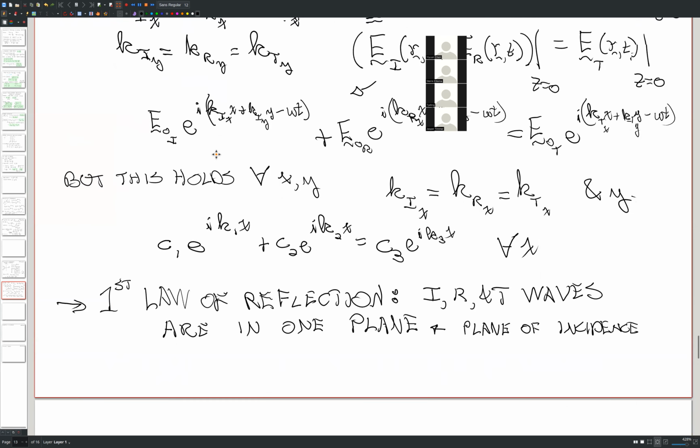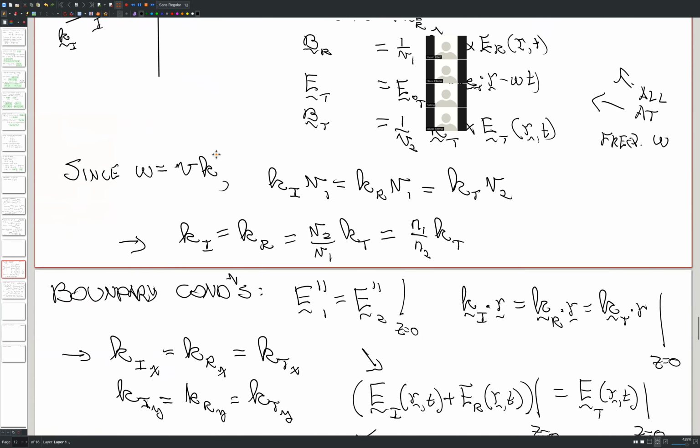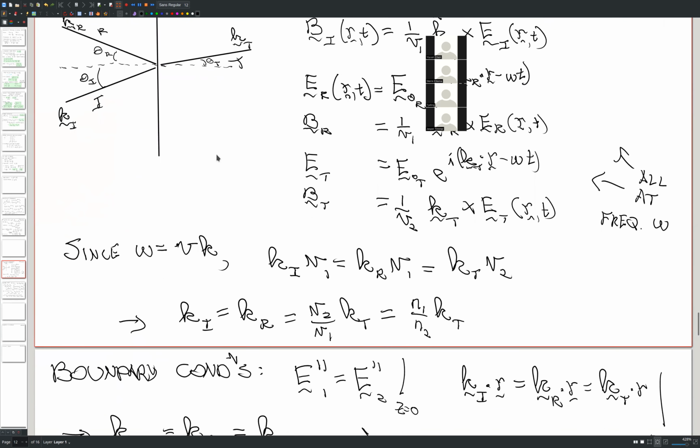So then the other thing that we have. You see now what we can do is view these three waves as being in the same plane. Irrespective of which direction this comes in, the reflected is going to be in the same plane, and the transmitted as well.